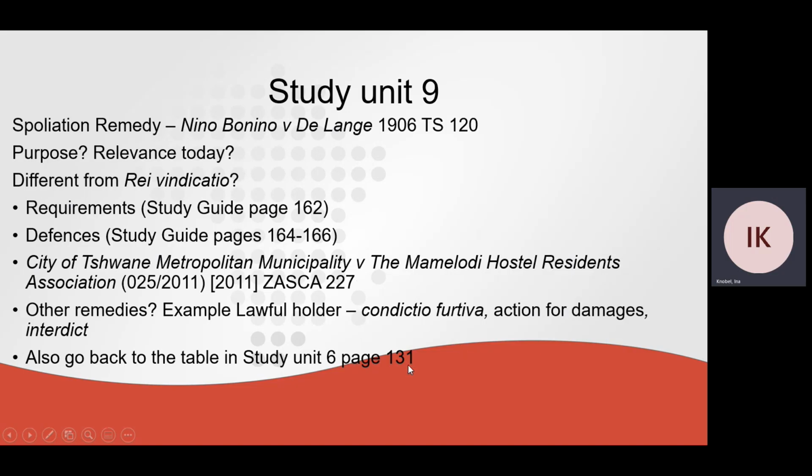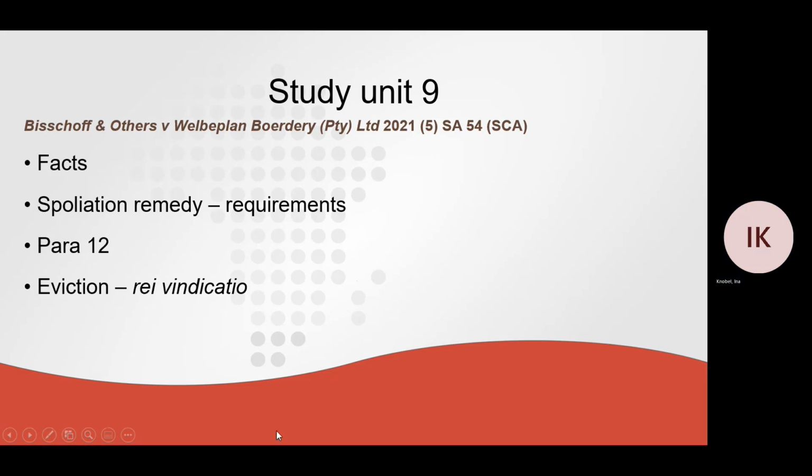There I also referred to study unit 6, page 131. Now, a new case that we've prescribed this year, a very recent case, is Bischoff versus Welbeplan Boerdery. I want you to make sure that you read that case. It's a very, very short decision. It's a Supreme Court of Appeal case. The facts are very straightforward.